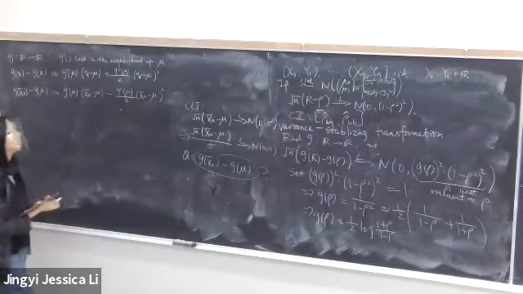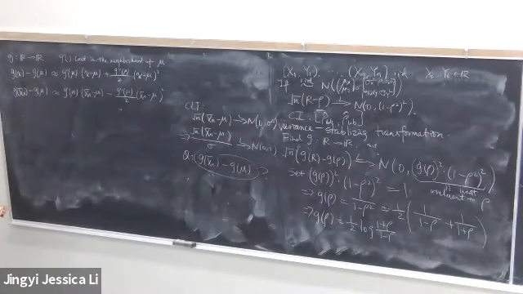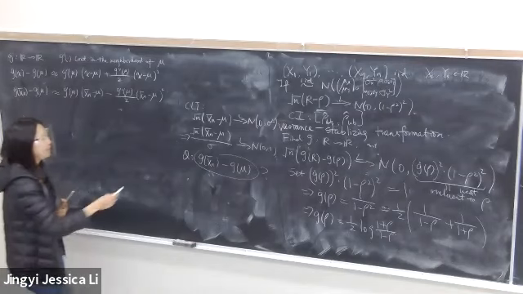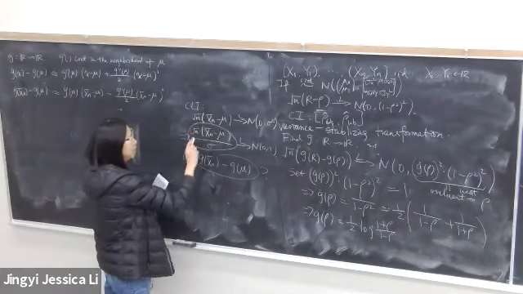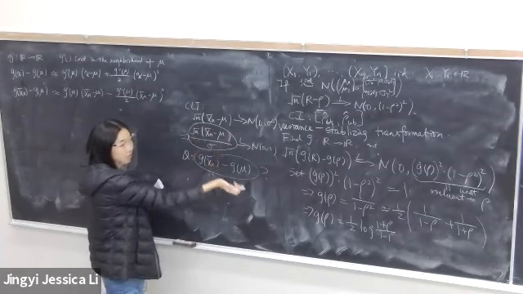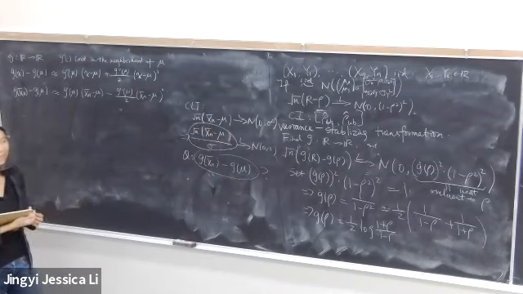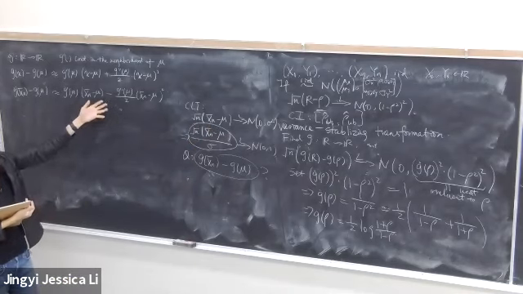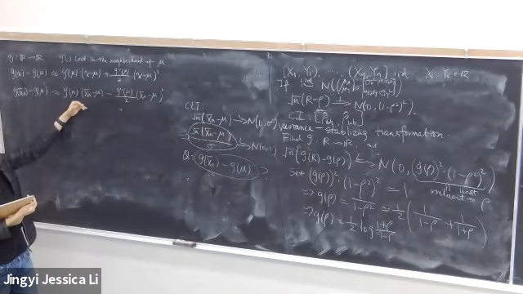I have these, but these don't tell me much yet because only this term after multiplying by root n divided by sigma, I get a nice standard normal. And I need a standard normal to play with the square, because standard normal has very nice properties. Its square is equal to chi-square 1.